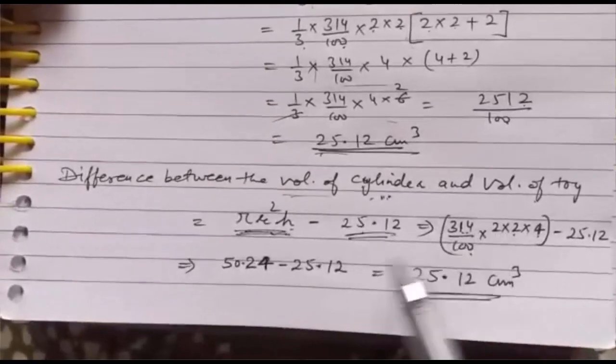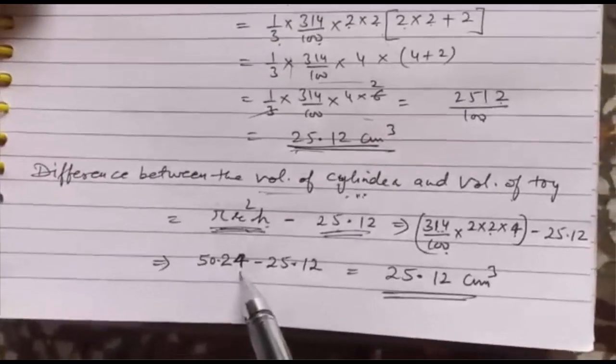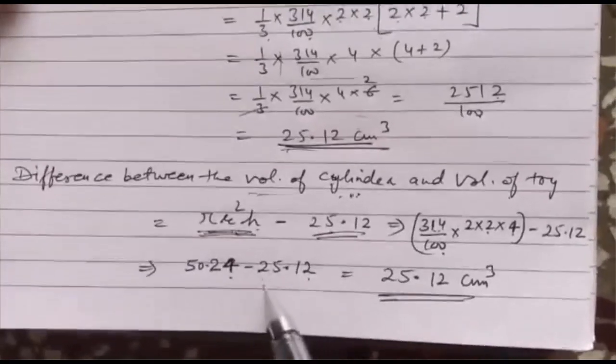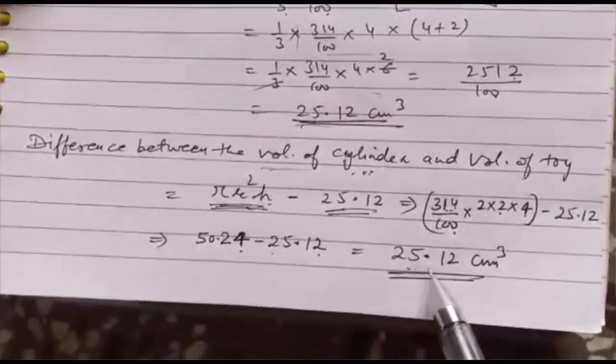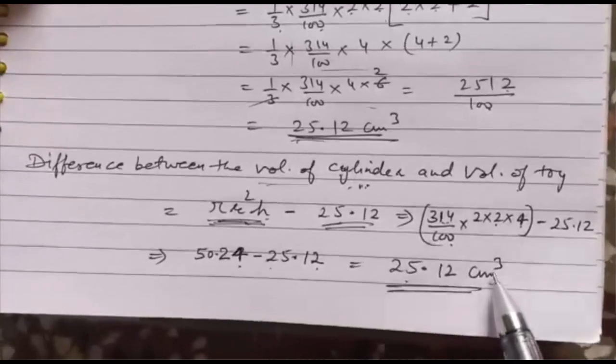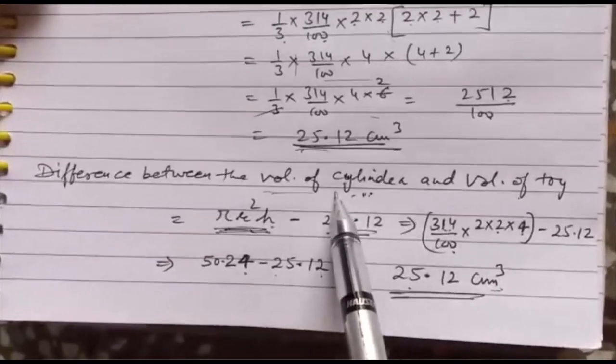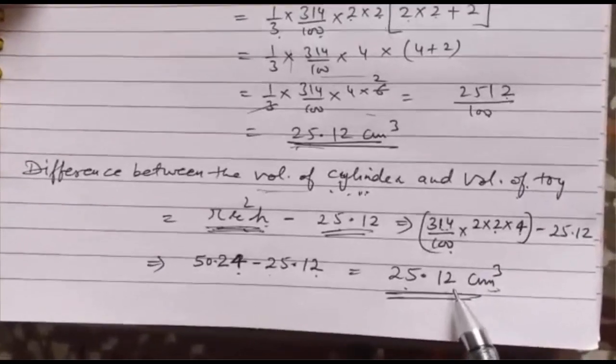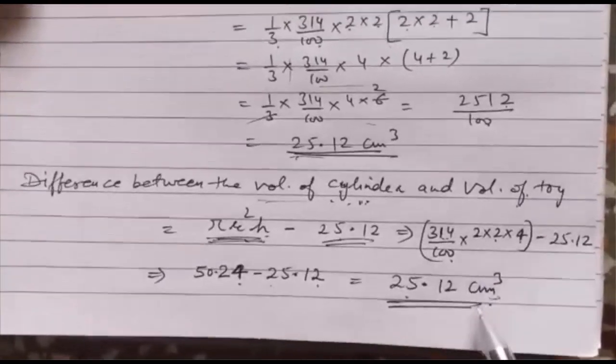Now solving it, we will get 50.24 minus 25.12. Subtracting this, we will get 25.12 cubic centimeter. So the difference between the volume of cylinder and volume of toy is 25.12 cubic centimeter.